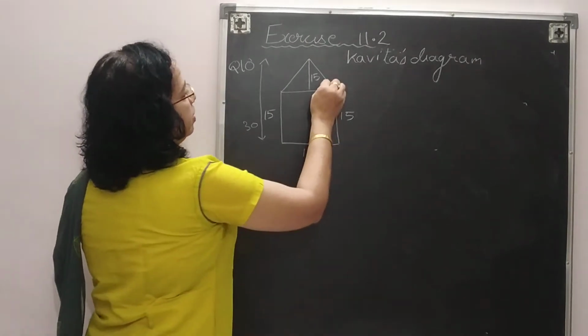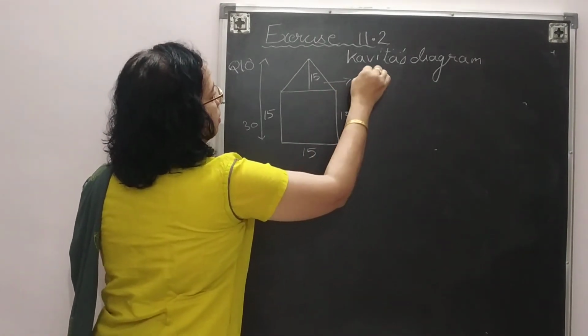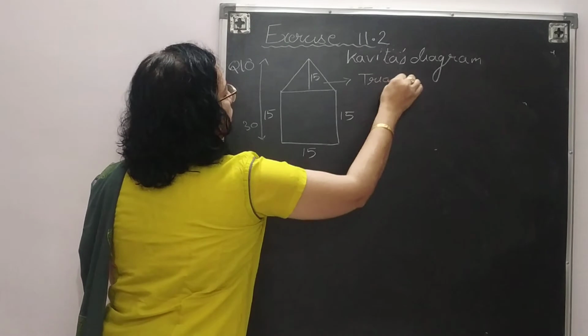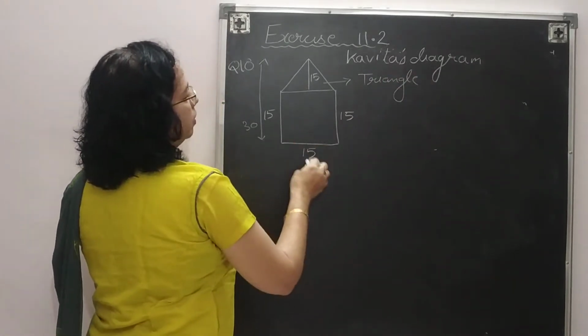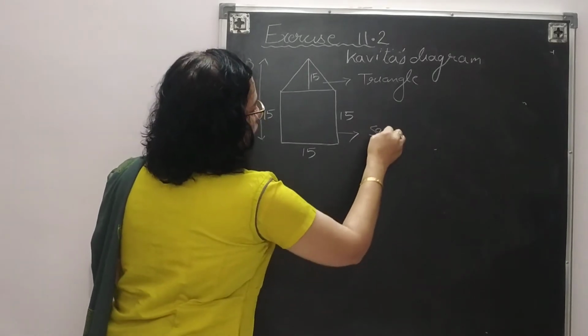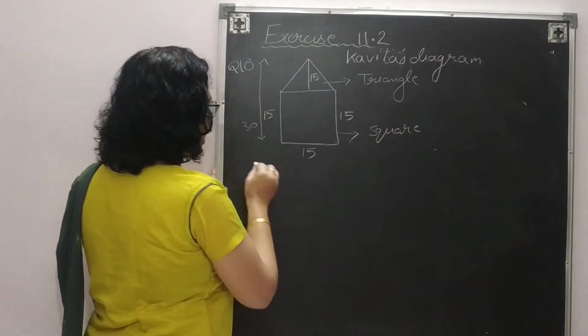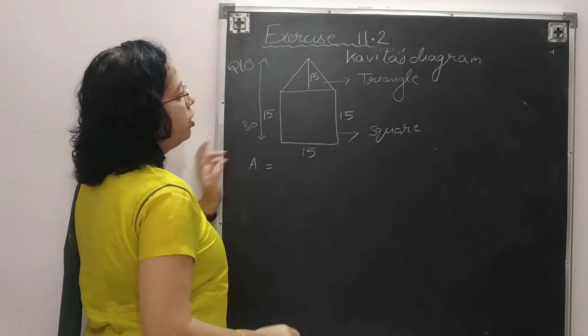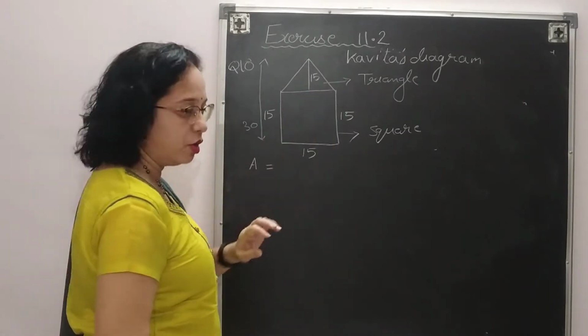Now here you will get this one triangle. And here this is your square. So we need to find the total area. So total area will be area of the triangle plus area of the square.